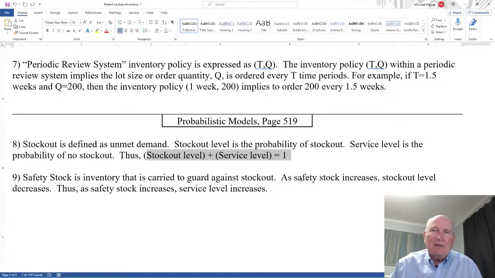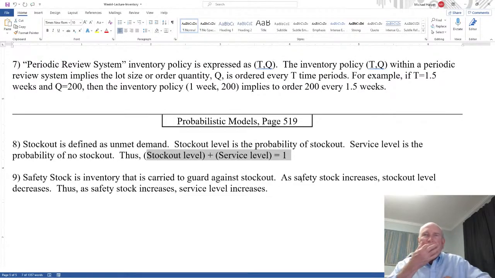I'll use proportion and percentages interchangeably. So if your stockout level is 10%, then your service level is 90%. If your stockout level is 5%, your service level is 95%. They have to sum to 1, or 100%.